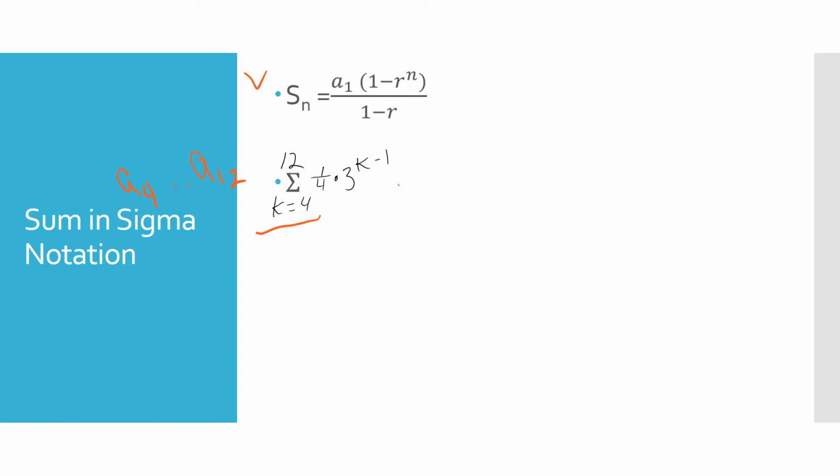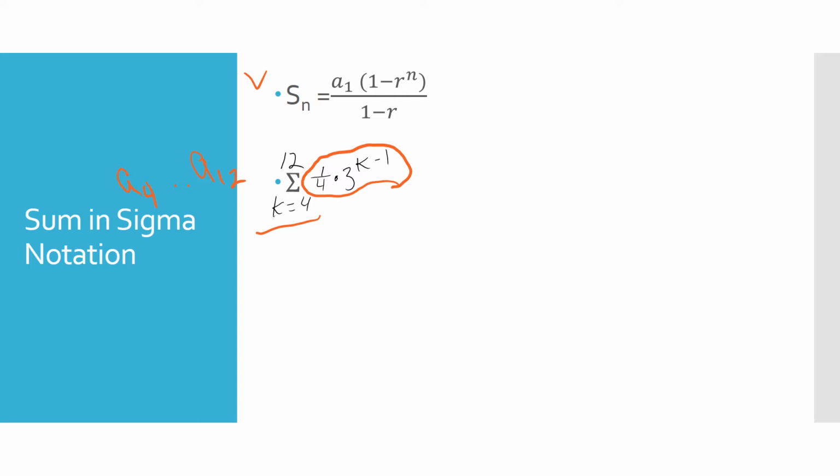Now, this part right here, 1/4 times 3 to the k minus 1, is our formula for finding the terms of the series. So what we're first going to do is plug in 4 for k in this 1/4 times 3 raised to the power of k minus 1, and that's going to give us the fourth number in the series. So let's do that.